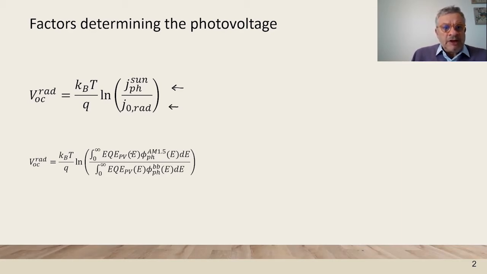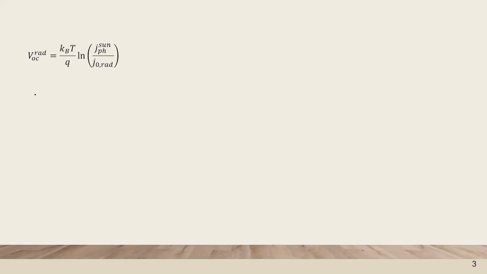We want to understand better how the voltage depends on the material parameters. And so we start with the analysis of the photovoltage. We're going to take the expression of the radiative voltage and write it in terms: minus kBT over Q, ln of J0 radiative.